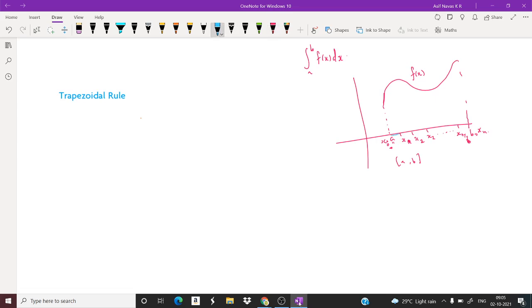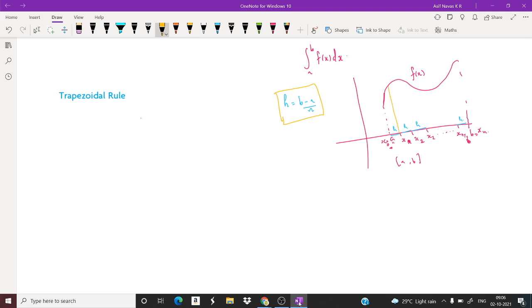That means this length, x1 minus x0, is some h, this length is h, etc. Now h is equal to, actually the length is b minus a by n. So this you have to note.